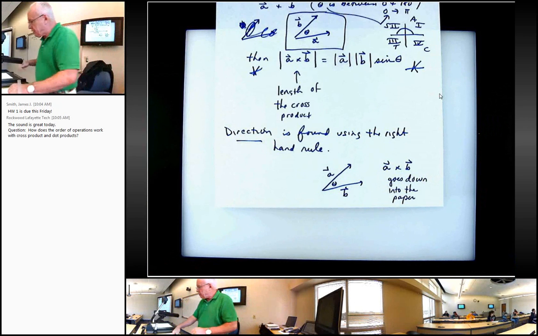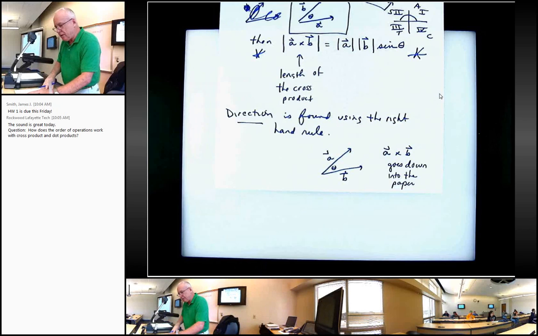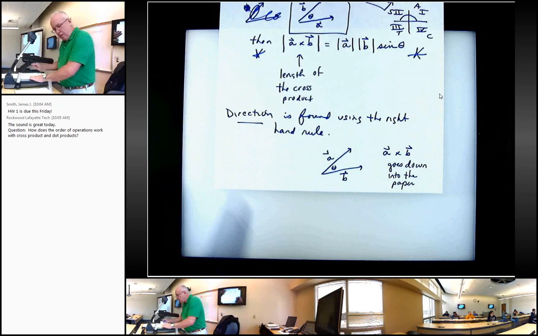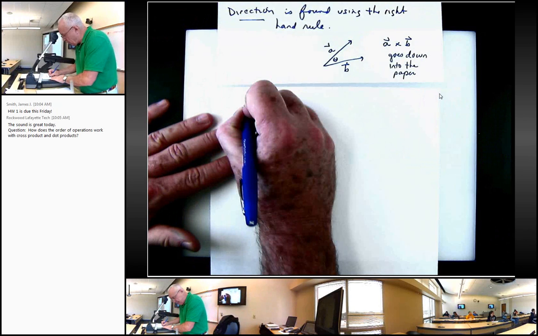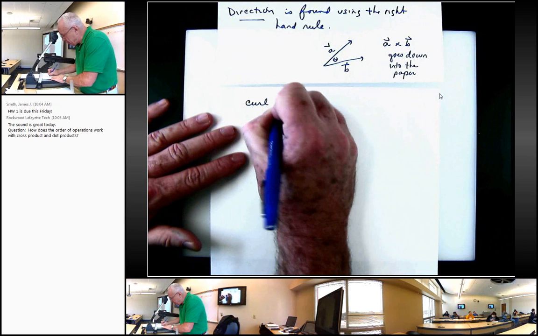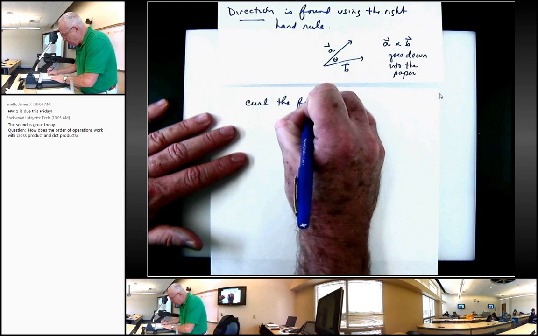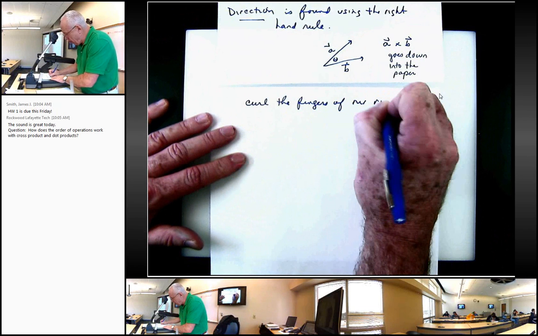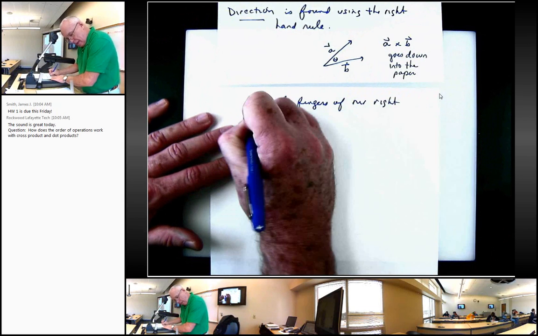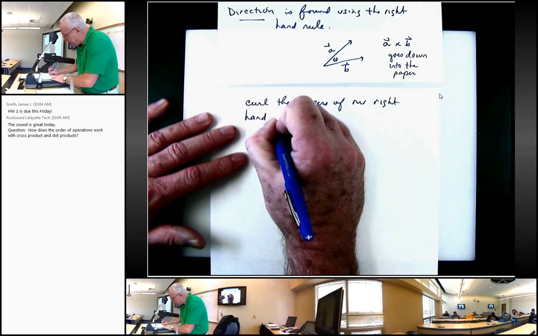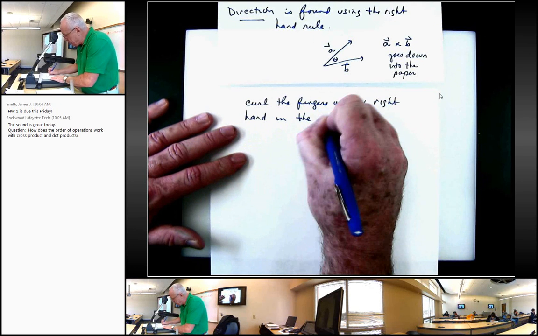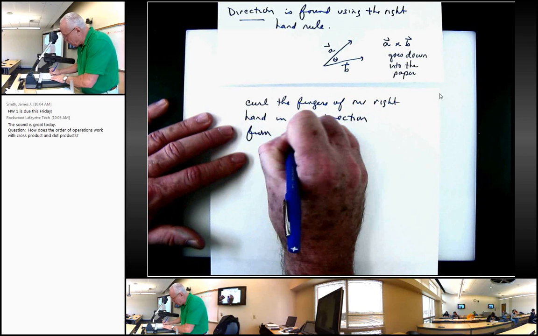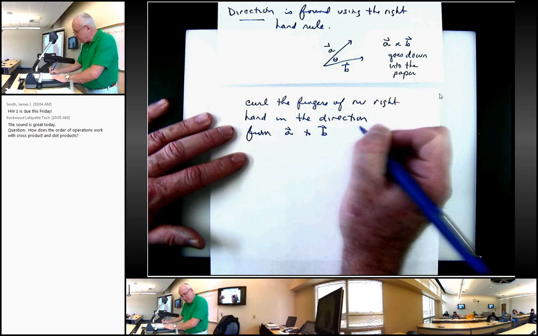So let me just put something about this down here for the right-hand rule. Basically, we curl the fingers of our right hand in the direction from A to B. This is where the angle is less.